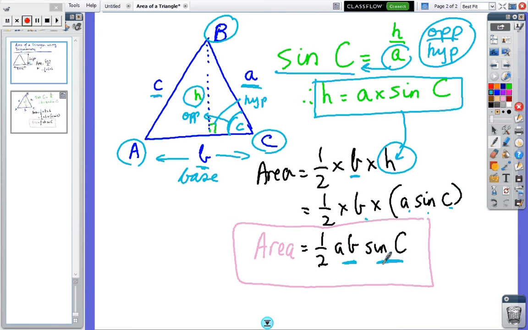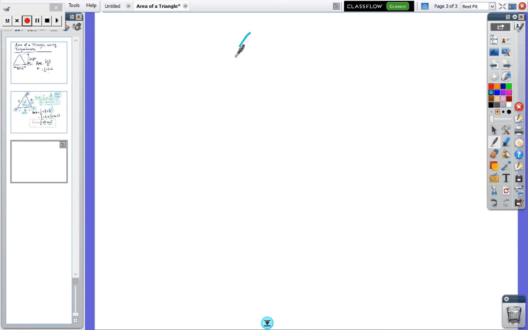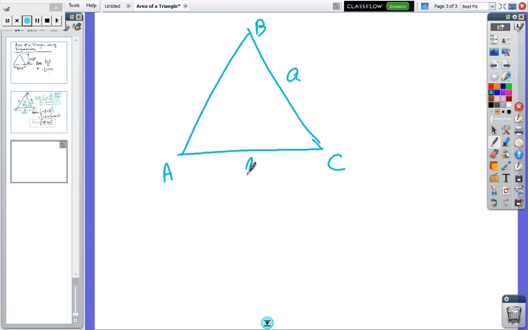So I'll just draw that again on another page. So that was a, that was C, that was b. So as long as you've got two sides and the angle in between, we call that the included angle.